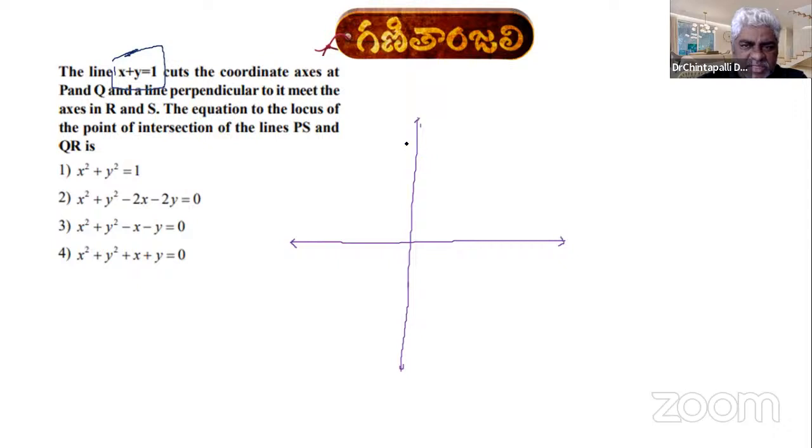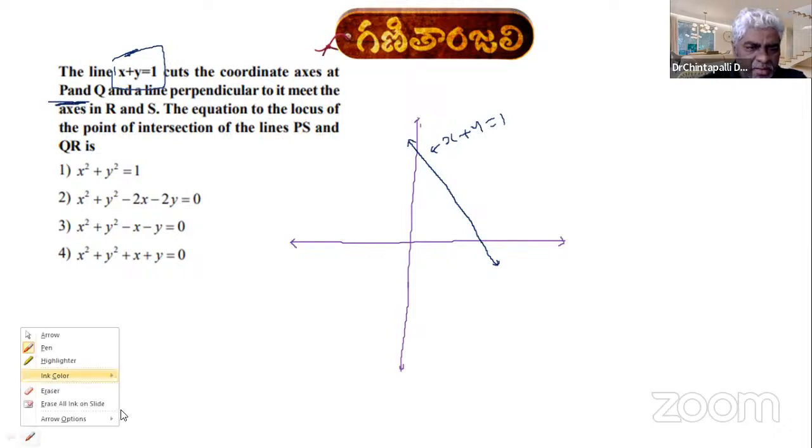This is the line x plus y equal to 1. This line cuts the axis at P and Q. That means this line cuts the x-axis at P and the y-axis at Q.